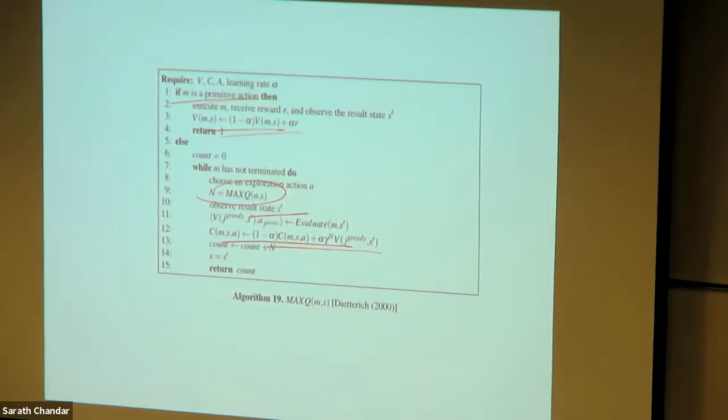Yeah, question? What is that evaluate team doing? I don't know. So there are other parts of this algorithm which are not here. Well, their notation is really old. This is from a 2000 paper.